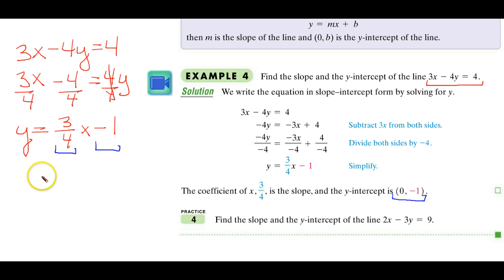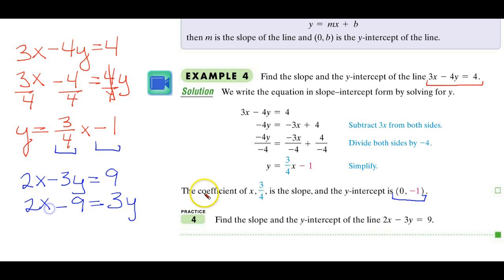All right, let's do this one too. 2x minus 3y equals 9. Bring this over, 3y, so now it's positive. Bring the 9 over as a negative. And now we're going to divide each term by 3.